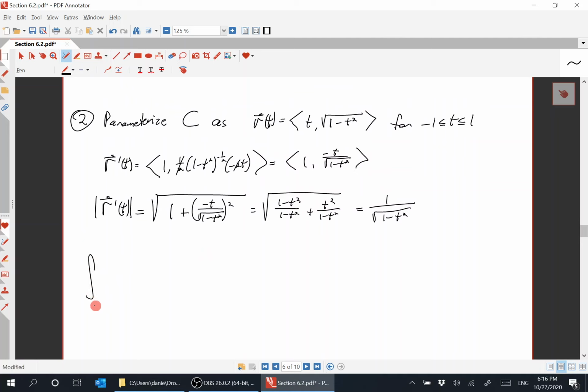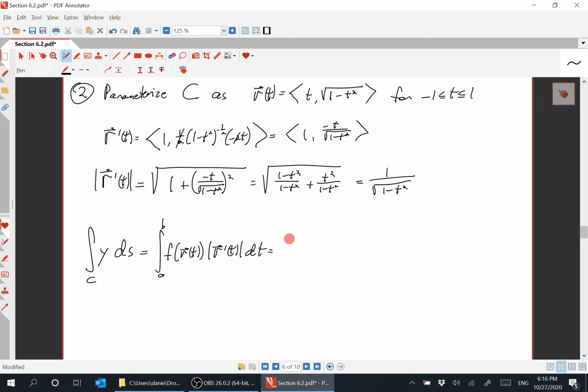Okay? So the line integral over c of y ds is equal to, again, let's just write it out, integral from a to b, f of r of t, length of r prime of t, dt. Let's just write this out each time, just so we know where we're at. Alright, so a is -1, b is 1.